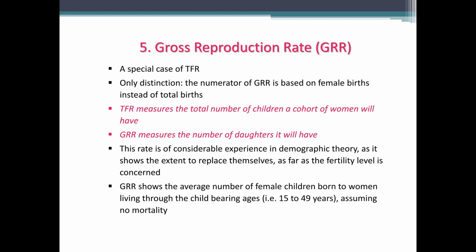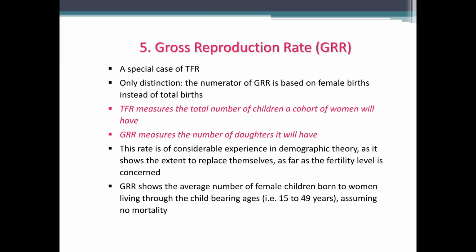Next, gross reproduction rate. A special case of total fertility rate that we call the gross reproduction rate. The only distinction is that the numerator of GRR, that is gross reproduction rate, is based on female births instead of total births. Total fertility rate measures the total number of children a cohort of women will have.